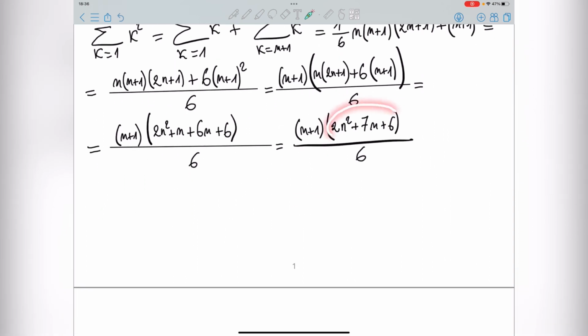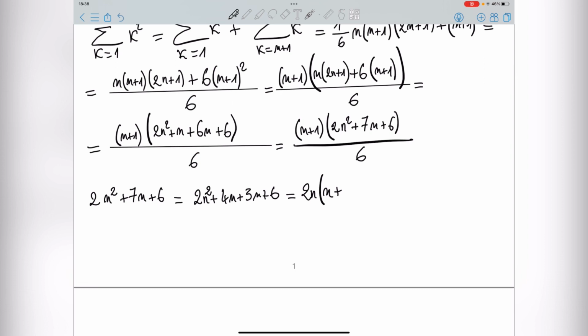Now we can factorize this 2n squared plus 7n plus 6. We can split the 7n into 4n plus 3n, then plus 6. Here we have a factor 2n, so we can factor 2n out, and we have n plus 2 left.